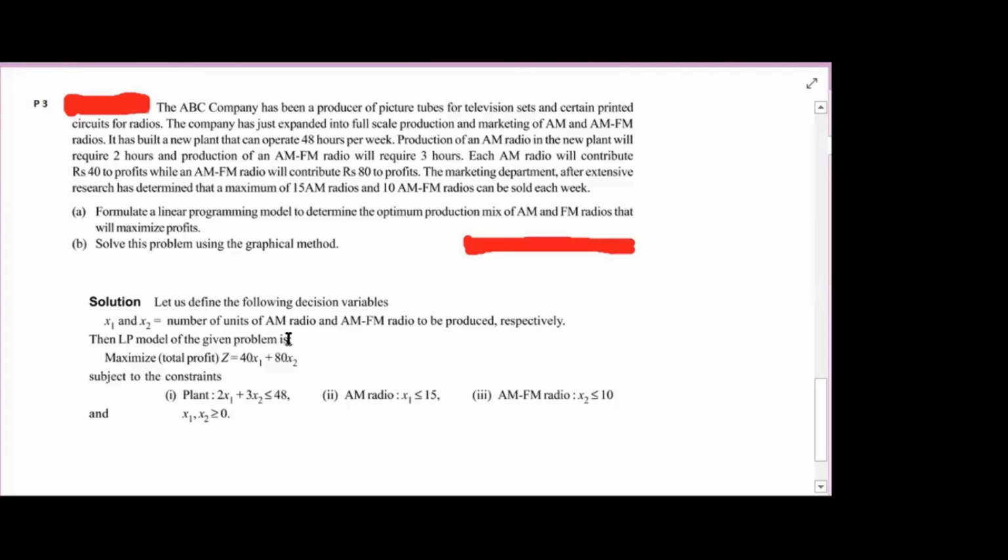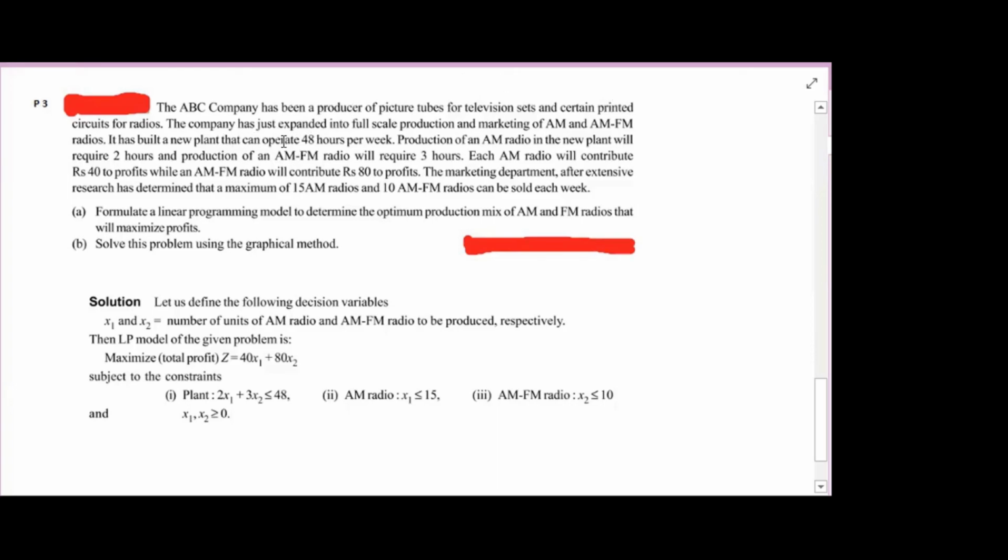So the LP model can be formulated as, first we can write the objective function. Objective function is maximize profit z is equal to 40x1 plus 80x2, because 40 is the profit per unit obtained from AM radio, and 80 is the profit obtained from AM FM radio. So this is your objective function, and then subject to constraints. What are the constraints? We have the time constraint.